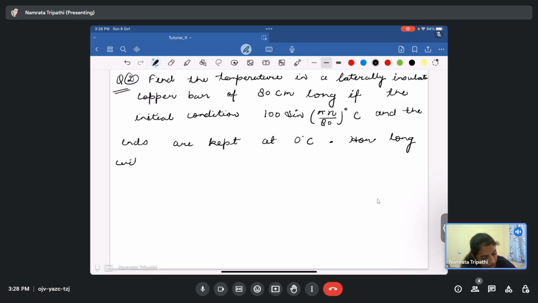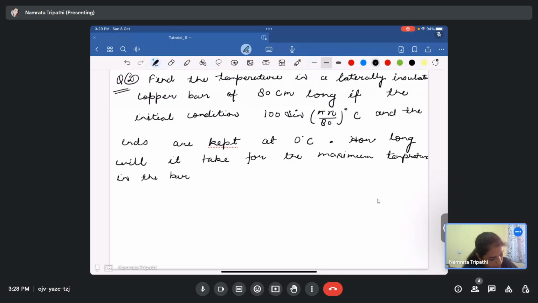The question is how long will it take for the maximum temperature in the bar to drop 50 degrees Celsius.